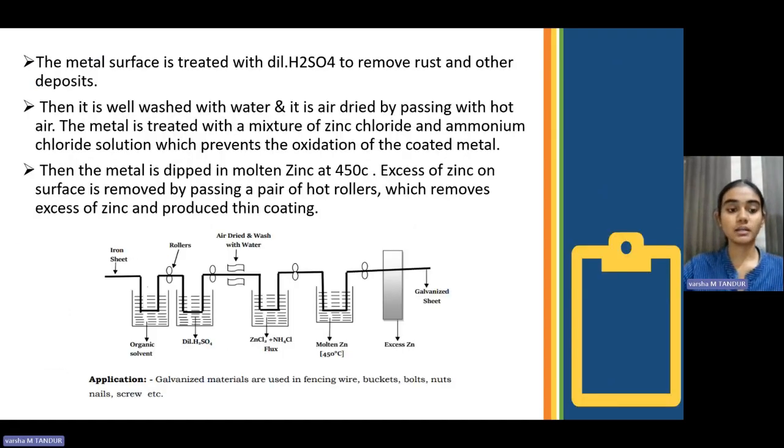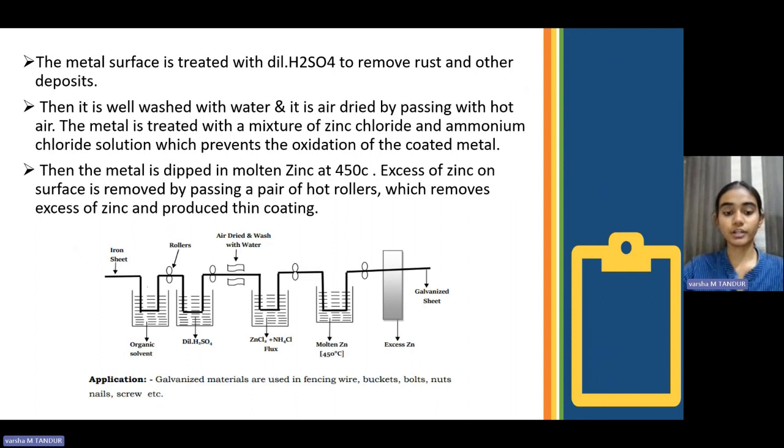At first, the metal surface is treated with an organic solvent in order to remove the impurities. Then it is treated with dilute H2SO4 in order to remove any rust particles or other impurities. After that, it is washed and air dried.